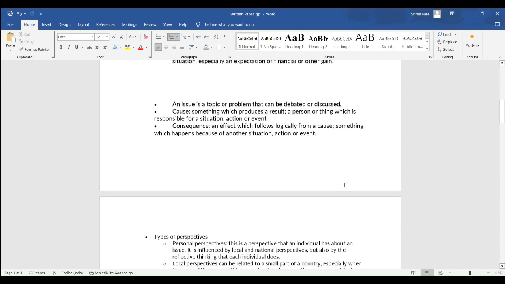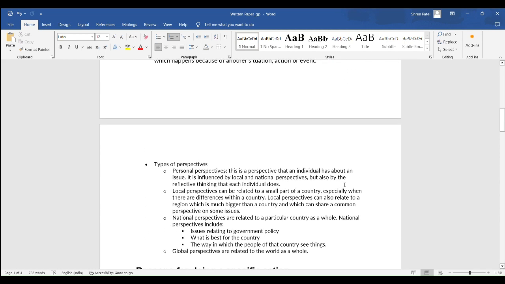Okay, we have different types of perspectives: personal perspective, local perspective, national and global. You can have a look at these perspectives. The reason for letting you know is that many times in question number 1D part, you are asked why it is a national issue.